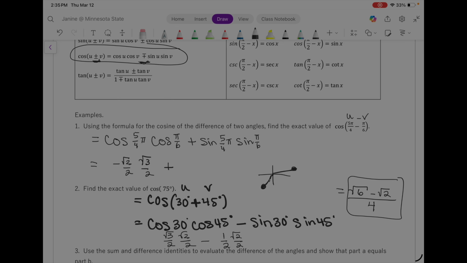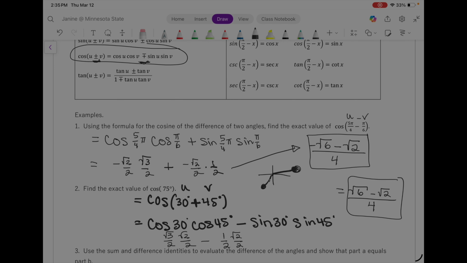Sine of 5/4 pi is negative root 2 over 2. Sine of pi over 6 is 1/2. So in the end, this produces a negative root 6 over 4 minus root 2 over 4. And since both of them are over 4, I can write it like so.